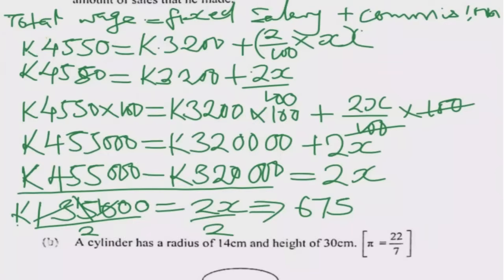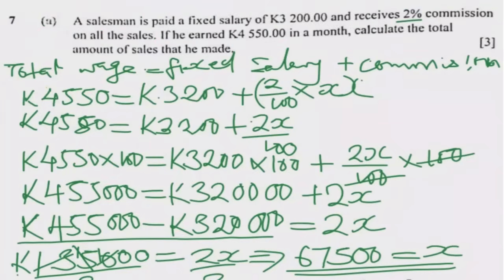So we remain with 2 zeros, which we write like that, and that is equal to x. So this is the final answer. The question is asking us to find the total amount of sales he made, that is 67,500 kwacha. That is the total sales he made.